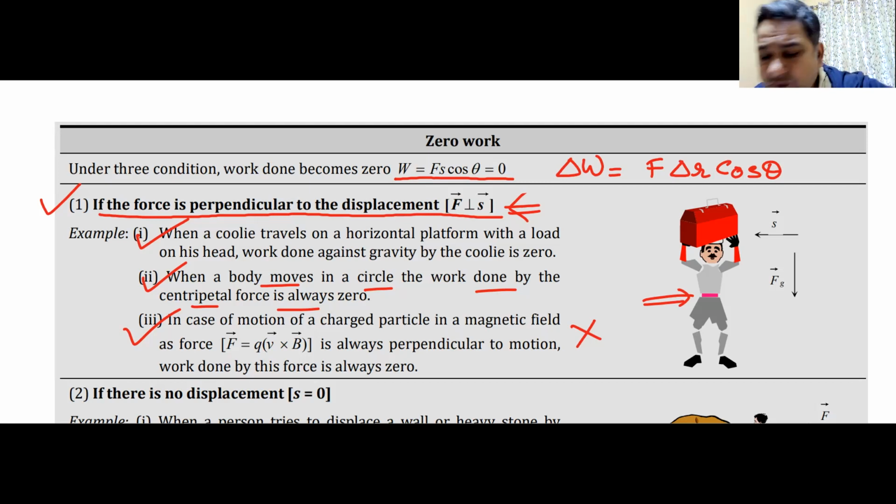So in the first case, we have seen work done by force is zero if the angle between force and displacement is 90 degrees, or force is perpendicular to displacement. Two examples: a coolie or a porter keeping luggage on his head and moving, work done by him is zero. Sounds funny. It is funny, but in physics it is zero.